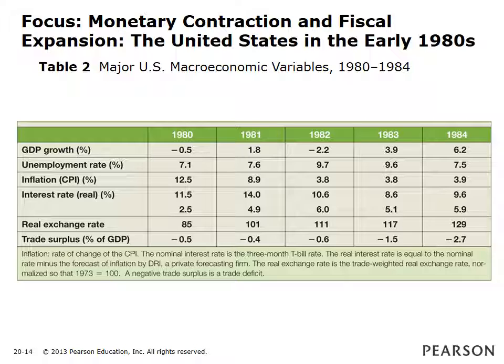It worsened the trade balance from negative 0.5% of GDP in 1980 to negative 2.7% of GDP. By the mid-1980s, the main macroeconomic policy issue had become that of the twin deficits, the budget deficit and the trade deficit. The twin deficits were to remain one of the central macroeconomic issues throughout the 1980s and early 1990s.